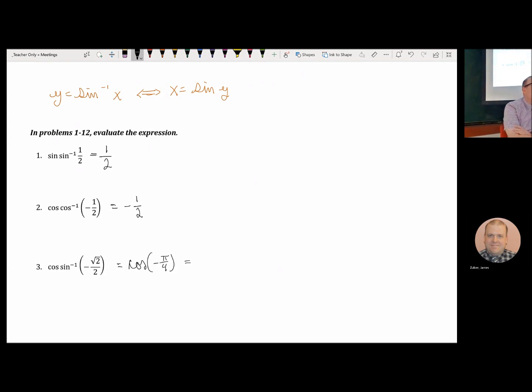What's the cosine of pi over 4? Root 2 over 2. In quadrant 4, is cosine positive or negative? So cosine of negative pi over 4 is root 2 over 2.